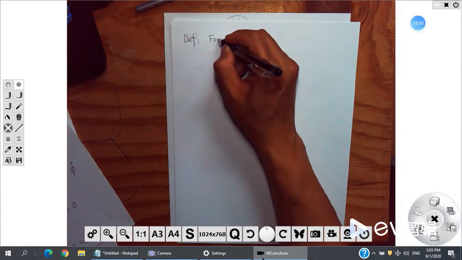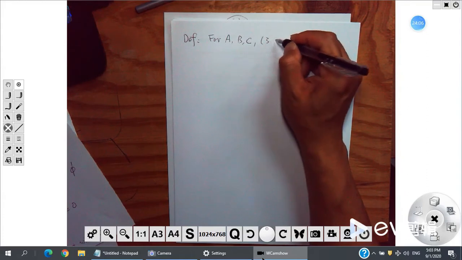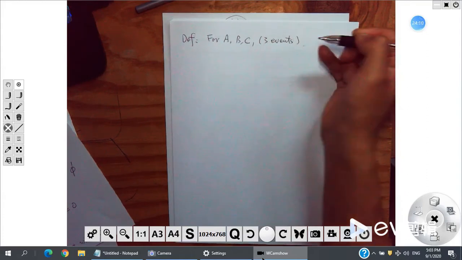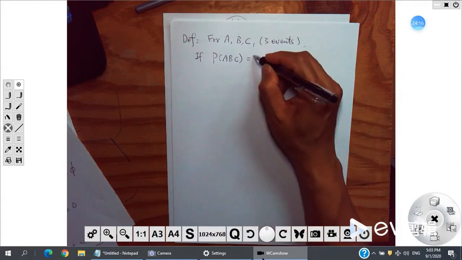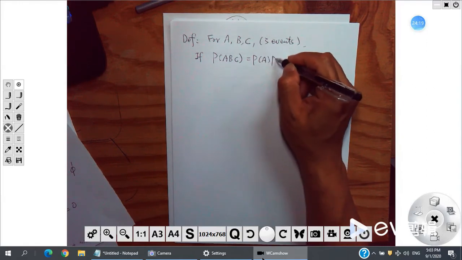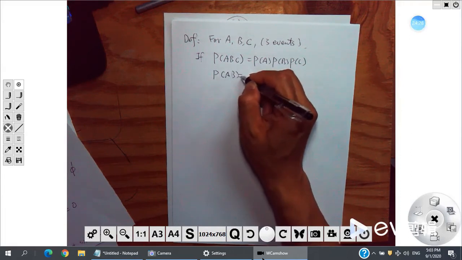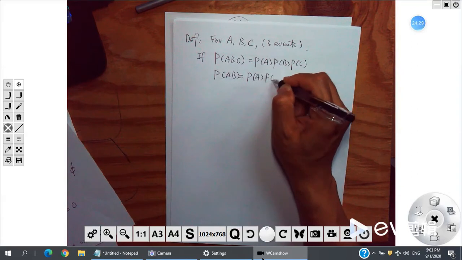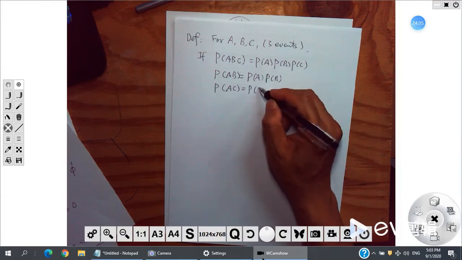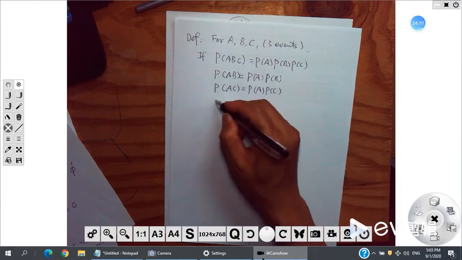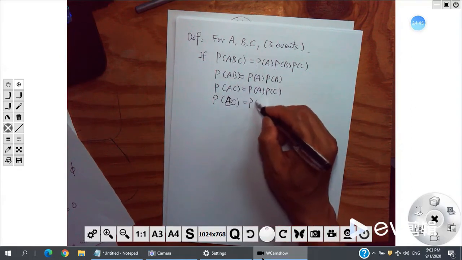For A, B, C, 3 events. If P(A,B,C) equals P(A) times P(B) times P(C), and P(AB) equals P(A) times P(B), and P(A) times P(C) equals P(AC), and now P(BC) equals P(B) times P(C).